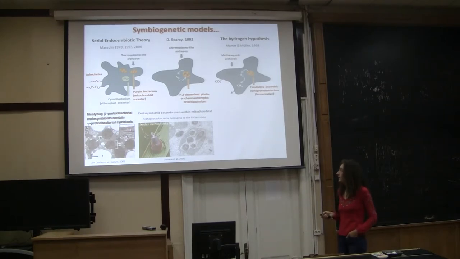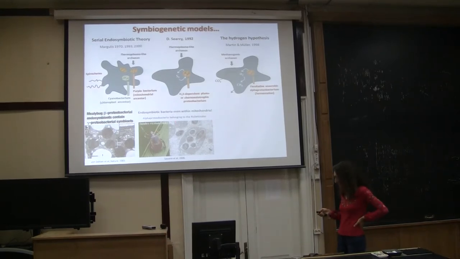So here you have an example. These are rare examples, but they exist. So this is one example of a beta proteobacterial endosymbiont within a gamma proteobacterial symbiont. So it's a symbiosis within a symbiosis. And there are even cases of bacterial endosymbionts within mitochondria, like in ticks.